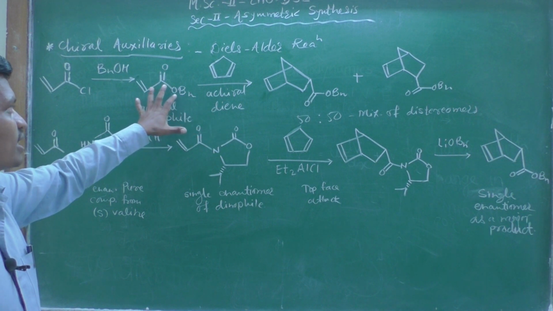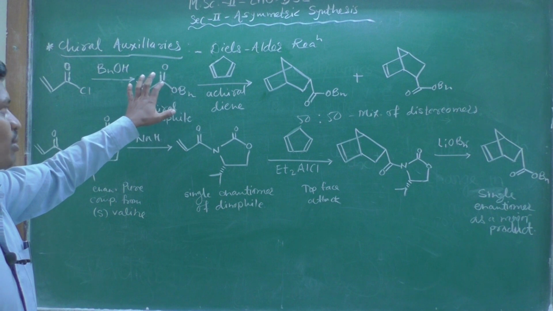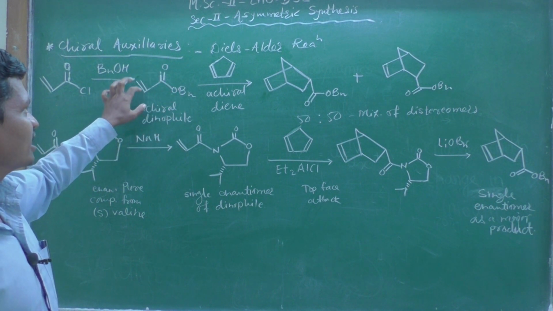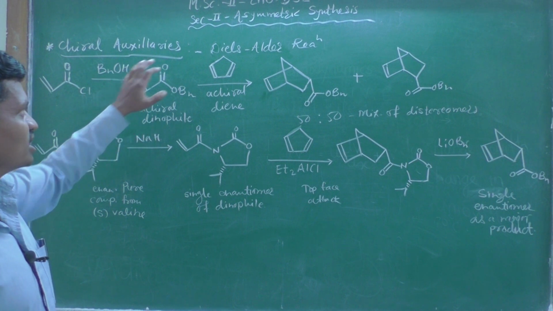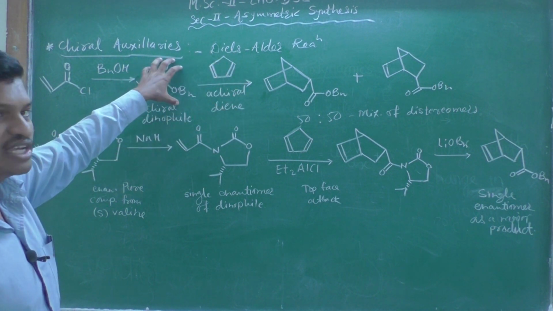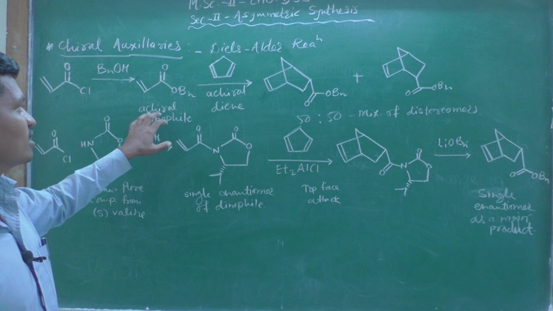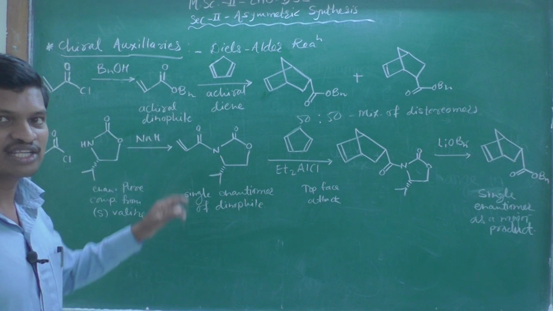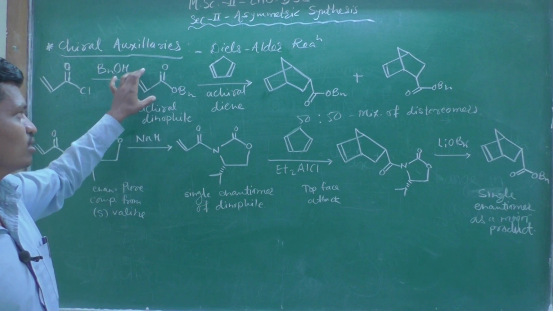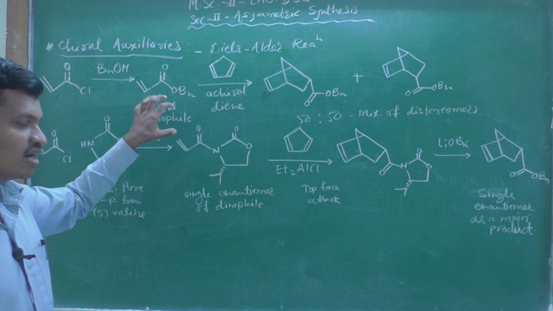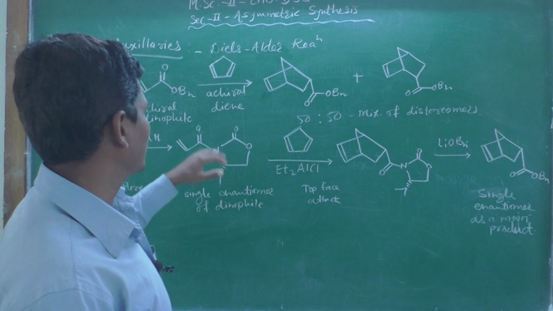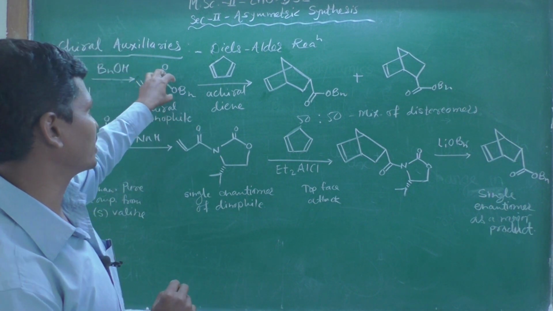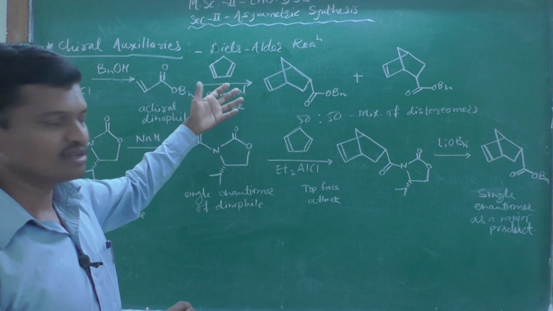This ester moiety is there, but our focus is on the carbon-carbon double bond, and there is only one. So in this Diels-Alder reaction, this molecule will act as a dienophile, and this dienophile is achiral. There is no chiral center present in this molecule, so it acts as an achiral dienophile.